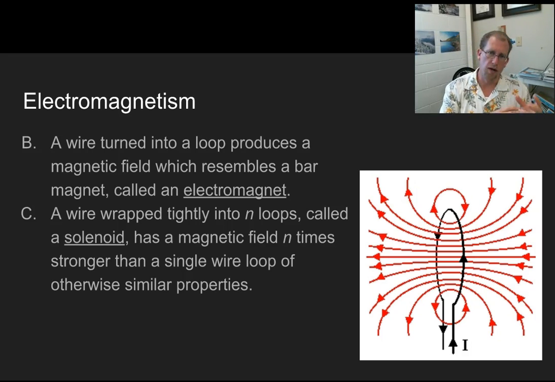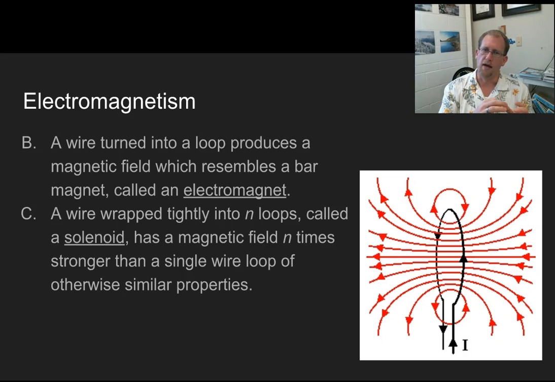So if one coil of wire has a certain number of Webers of magnetic energy, I'm sorry, it's not farads, then a magnet with 5 loops would be 5 times stronger.